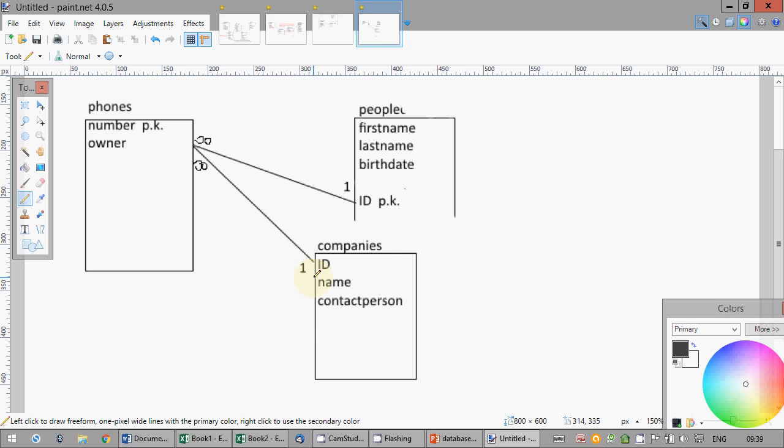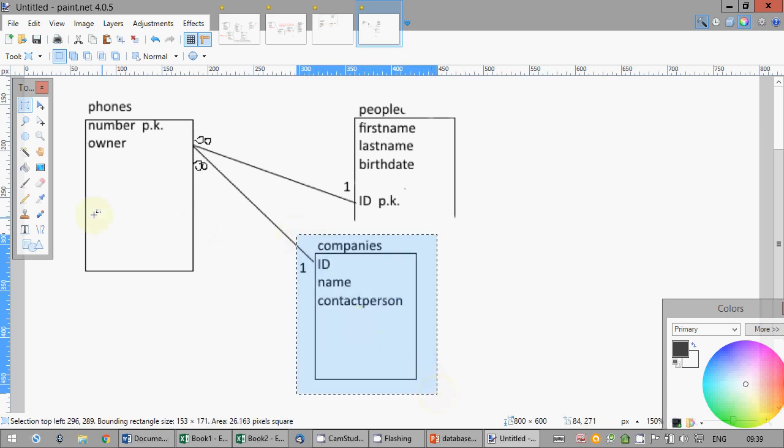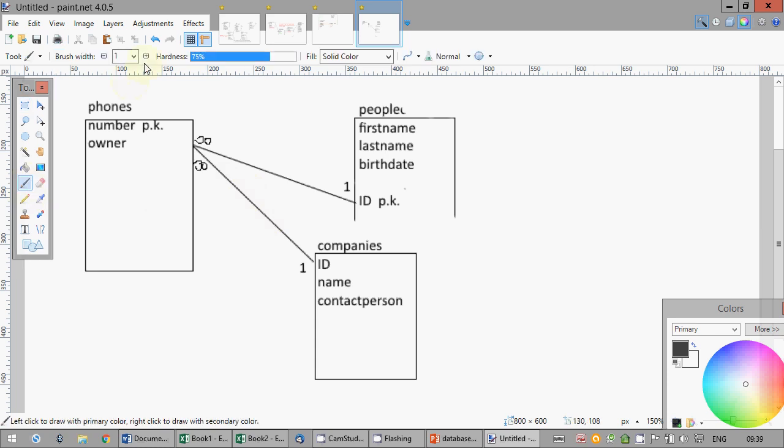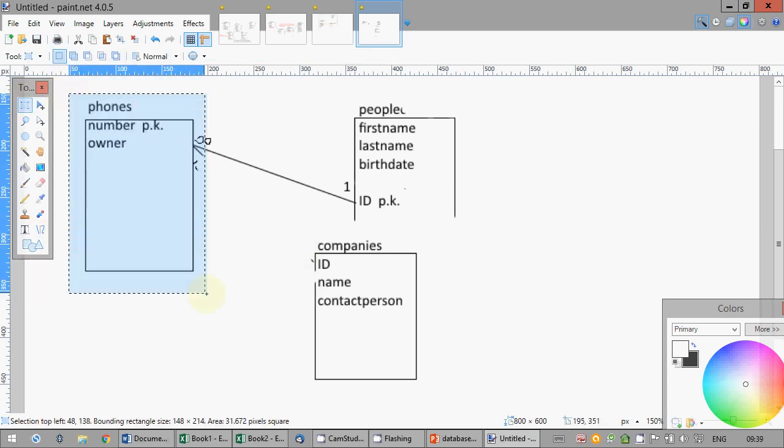Okay. The third solution, which works, but it's not very efficient, is the following. You build two separate databases.